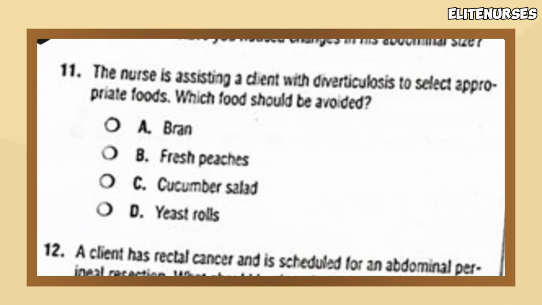Okay, so a client with diverticulitis should avoid food with seeds. Yes, but here we can see that A, B, and D help prevent constipation, and so they are allowed in clients with diverticulosis. But the correct answer would be C, cucumber salad.